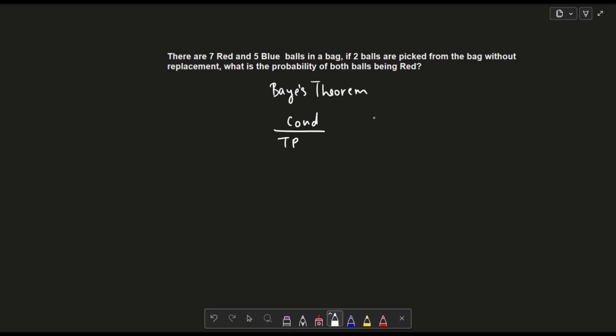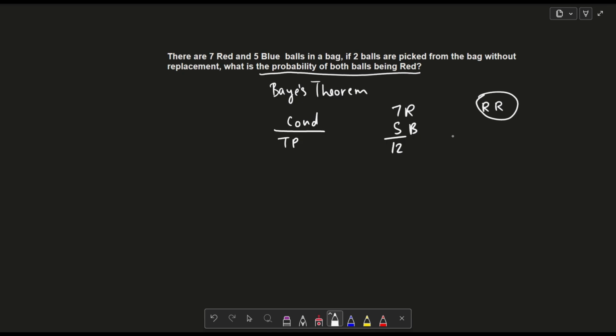So what it says here, there are 7 red balls and 5 blue balls. Total balls are 12, right? So you have to tell the probability of both balls red. Okay, you have to tell the probability of this thing.